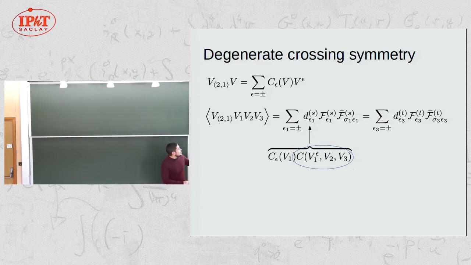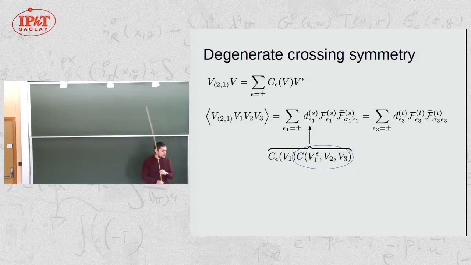And we find a constant here that's a degenerate 4-point structure constant, which contains the product of the degenerate OPE coefficient and a generic 3-point structure constant. So this is why, by studying these degenerate 4-point functions, we can actually find constraints on the generic 3-point structure constants.